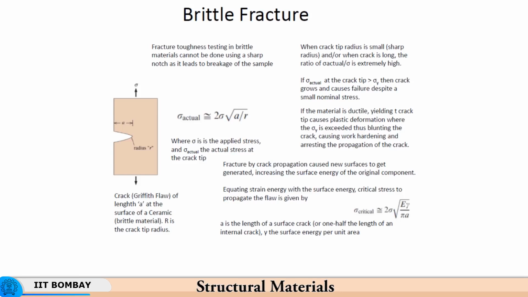So, your stress concentration factor, the stress intensity factor, will be extremely high in this case, because now the crack is going to propagate very rapidly through the material. It could be intergranular or transgranular, but the basic thing is that it will propagate very rapidly, and the stress concentration itself would make sure that in spite of having a low average stress, the fracture takes place and the crack propagates.